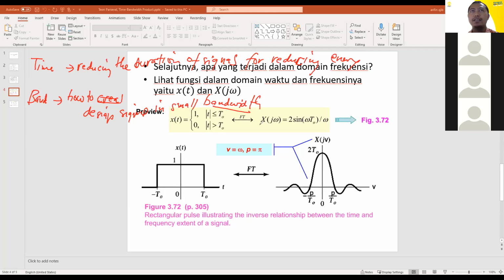For example, maybe I will give another example for the bandwidth application.